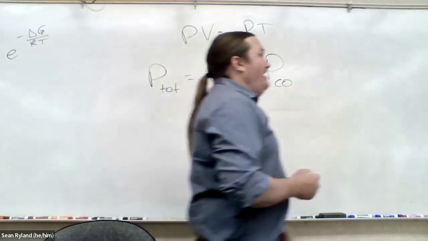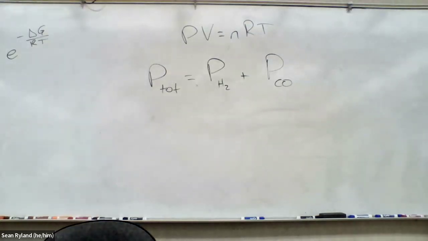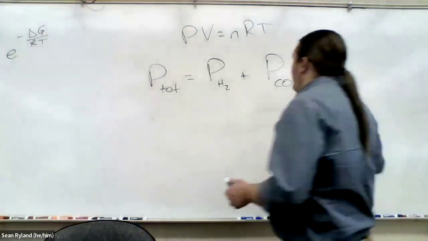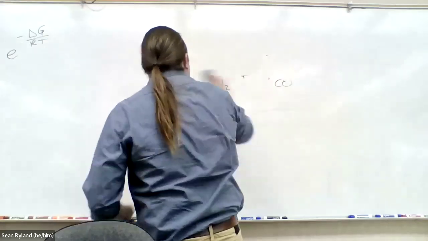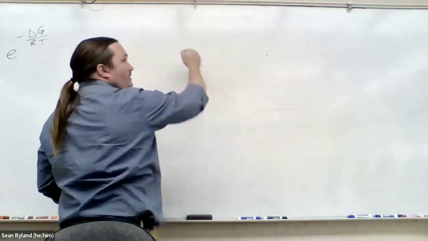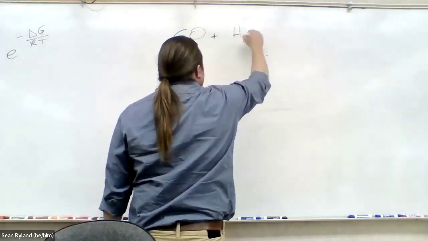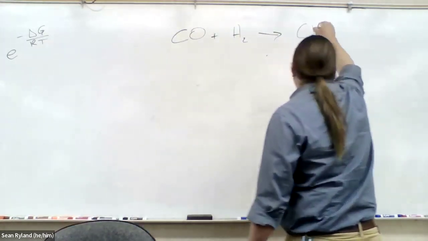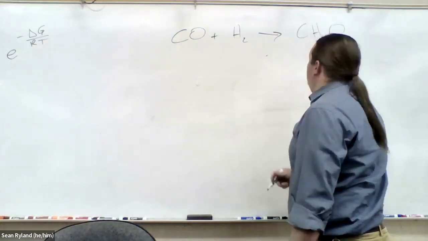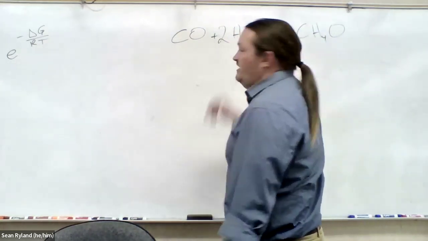If we wanted to write the equilibrium expression for this reaction, what would it look like? So if we've got, let's balance it first. CO plus H2 goes to CH4O. Just needed 2 there, right?